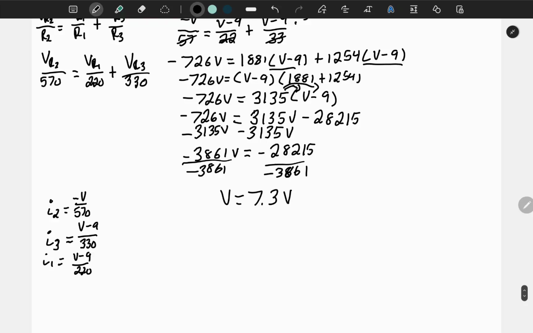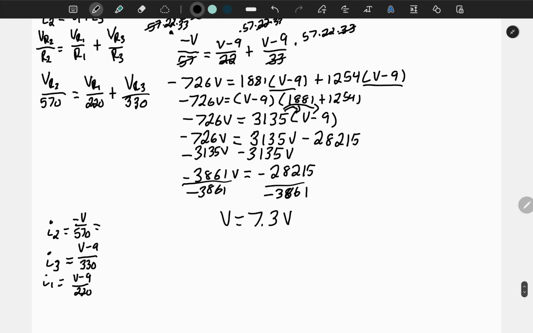But according to Ohm's law, the voltage across a resistor divided by its resistance gives us the current. And we said the voltage across the resistor, or R2, was 0 minus V or negative V, meaning negative 7.3 over 570, negative 0.13 amps.